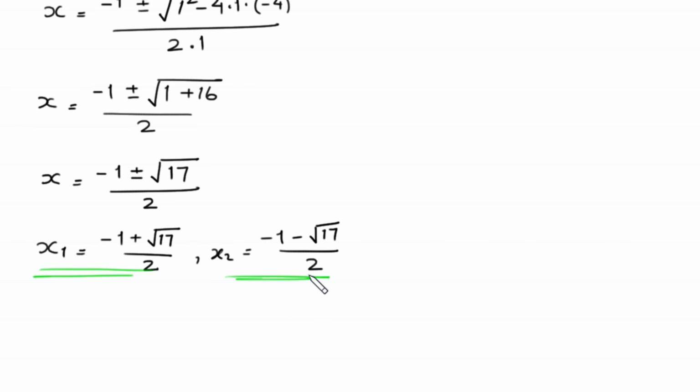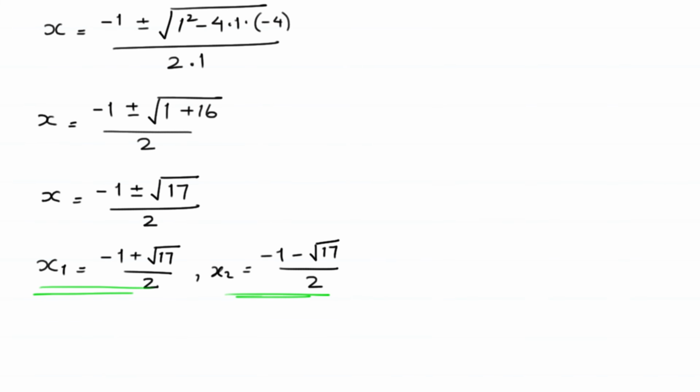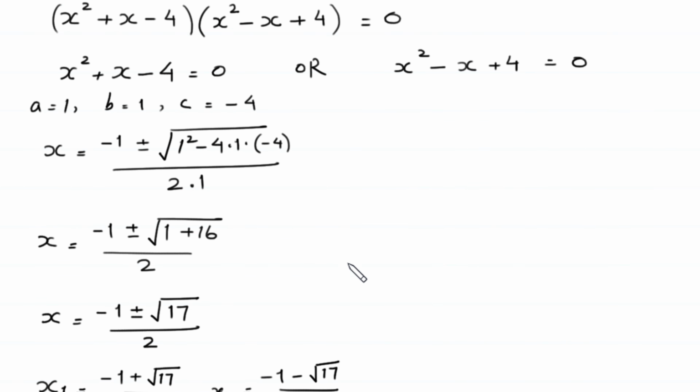Now to find other two values, we solve this quadratic equation. This is not factorable, so we solve it by quadratic formula. In this equation, a is equal to 1, b is equal to -1 and c is equal to 4.